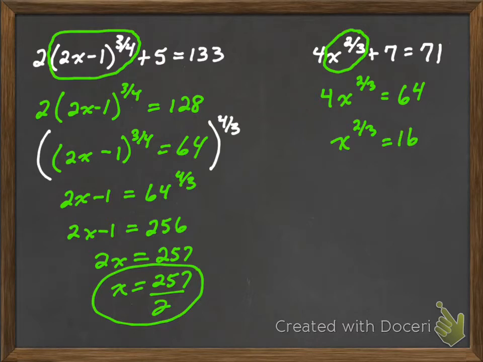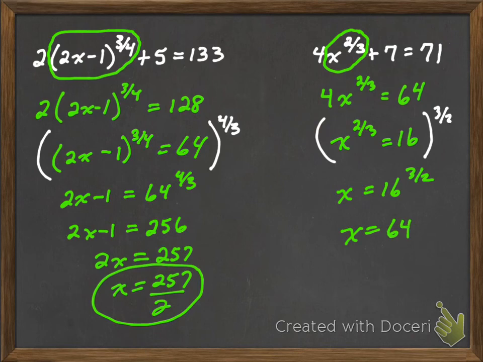Now we're going to raise both sides of our equation to the reciprocal power, which would be 3 over 2. That'll give us just x on the left side equals 16 to the 3/2, which means the square root of 16 is 4, and then 4 cubed is 64.